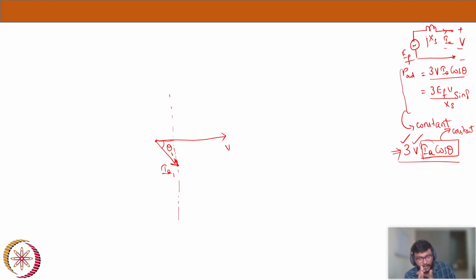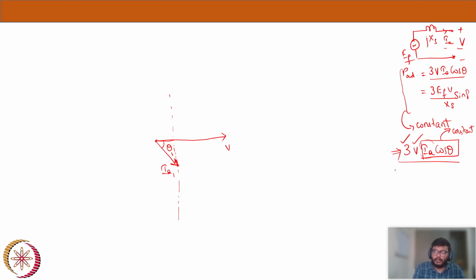Whatever the IA phasor might be, IA cos theta will be the same. By drawing a dotted line like that, we are saying that whatever the excitation might be, the IA cos theta product should be constant. Now let's draw the excitation EF.